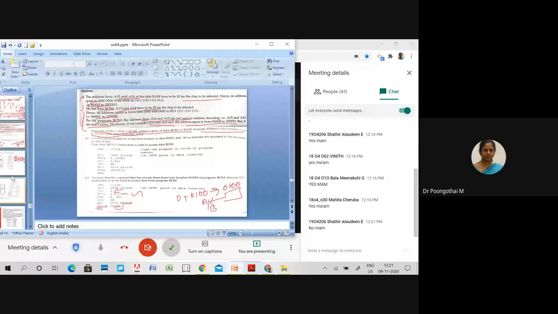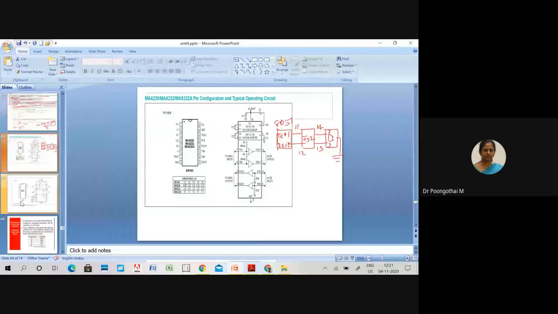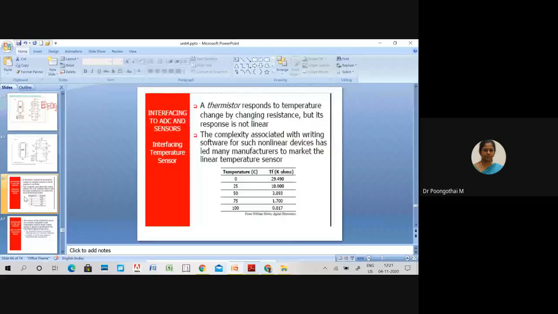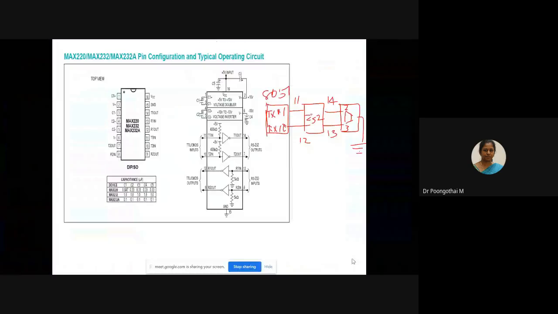Okay. So quickly, I will explain the MAX232 and sensor interfacing. This is the MAX232 IC. The purpose is that the RS232 standard is not compatible with TTL logic.